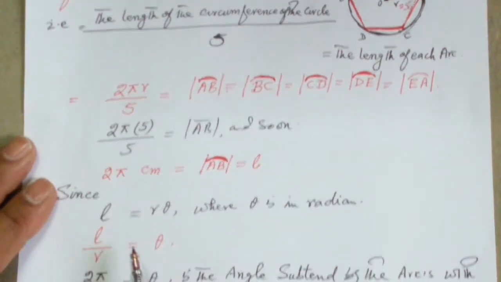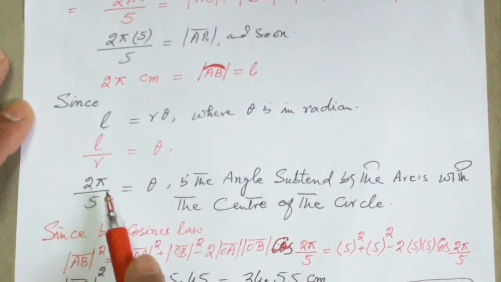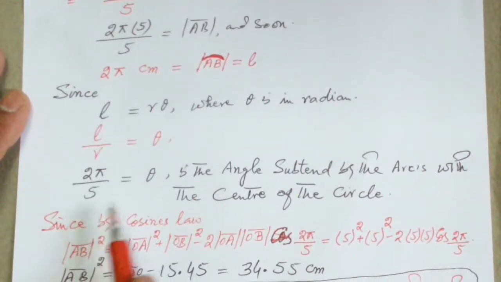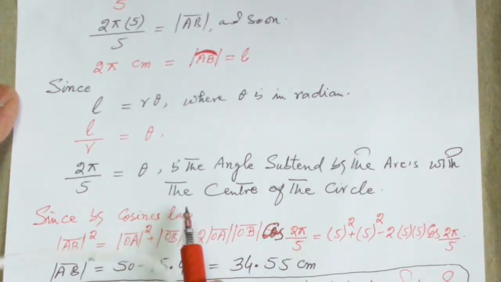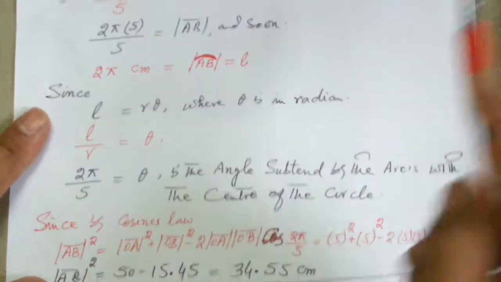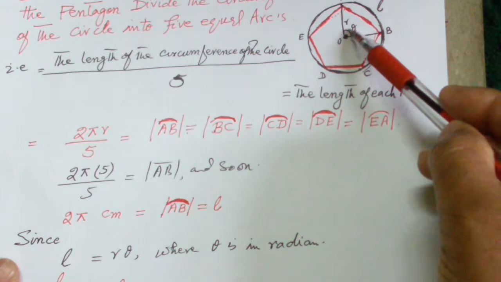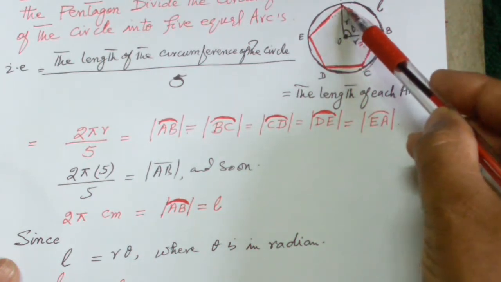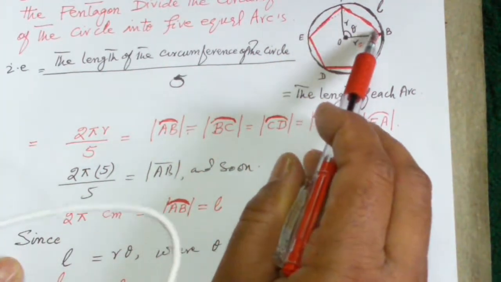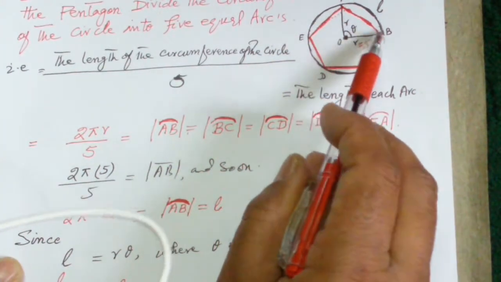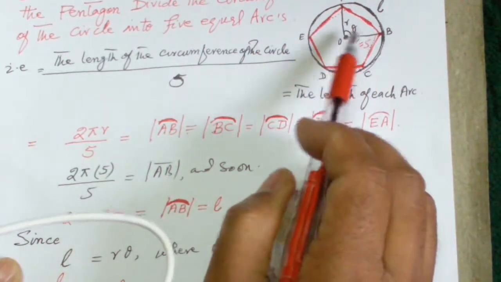L is 2 pi divided by 5, so theta is 2 pi divided by 5, the angle subtended by the arc at the center of the circle. This is the angle subtended by one side of the pentagon at the center of the circle.